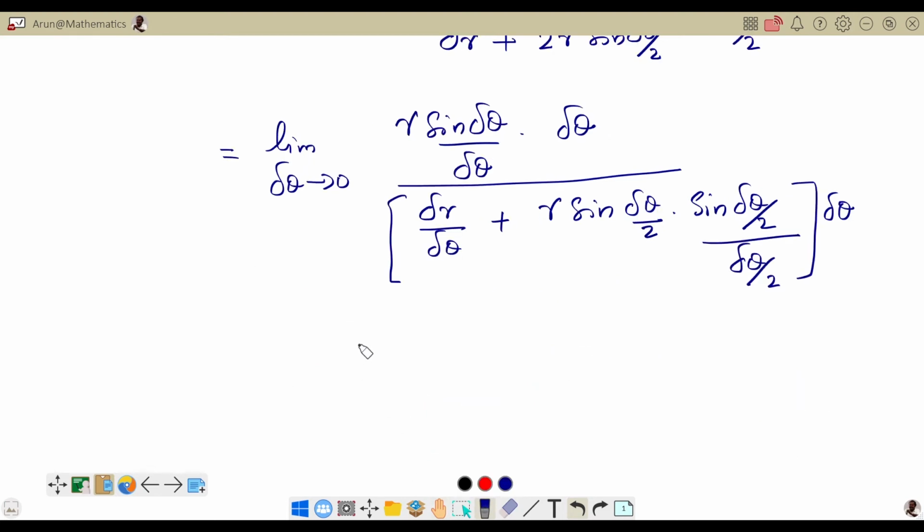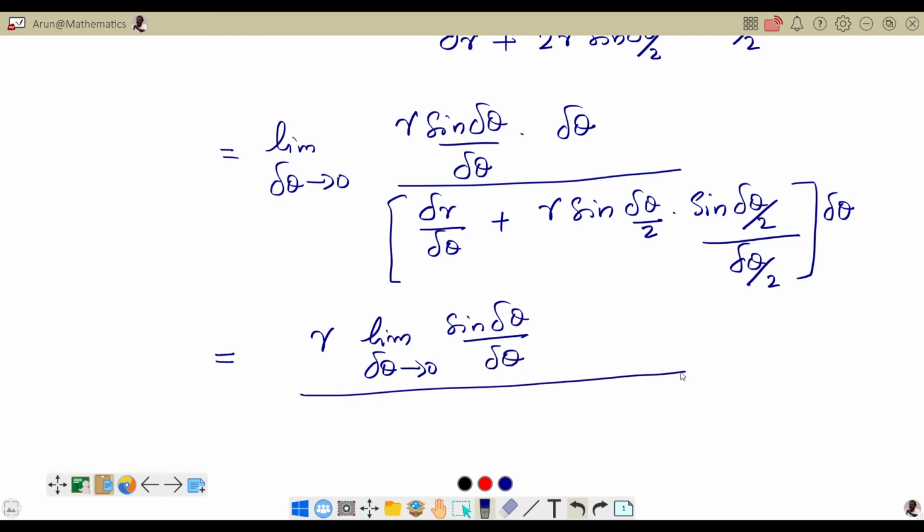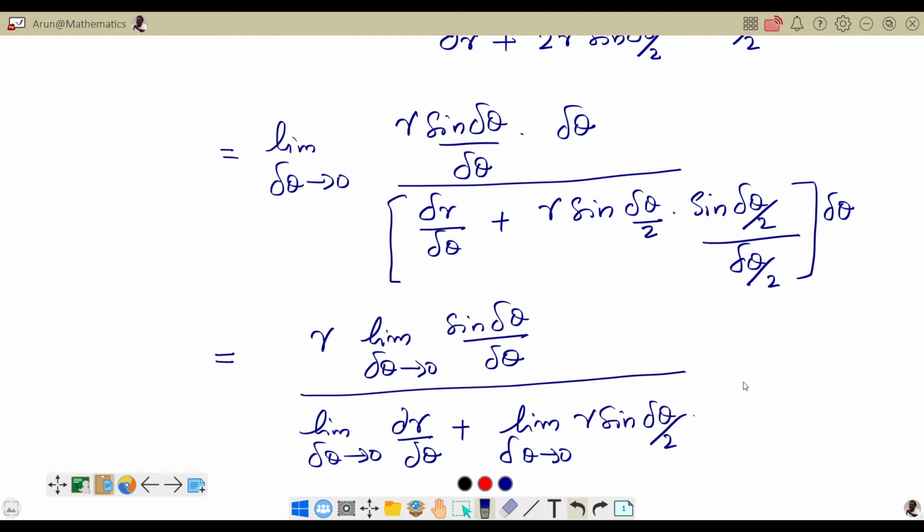So this is equal to R into limit delta theta tends to 0 sine delta theta divided by delta theta, divided by limit delta theta tends to 0 delta R divided by delta theta, plus limit delta theta tends to 0 R sine delta theta by 2 into a limit delta theta tends to 0 sine delta theta by 2 divided by delta theta by 2.